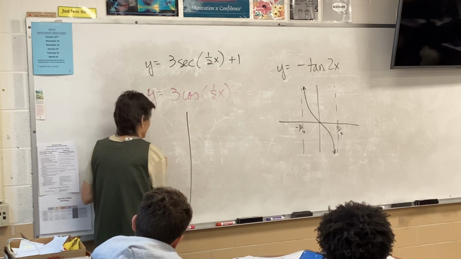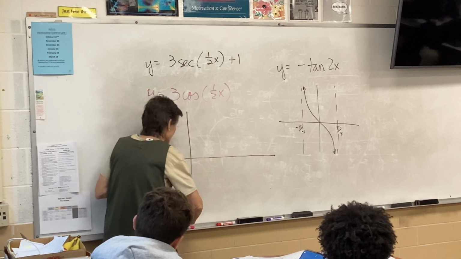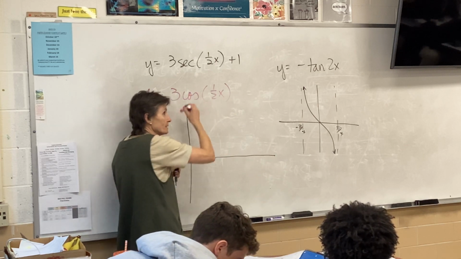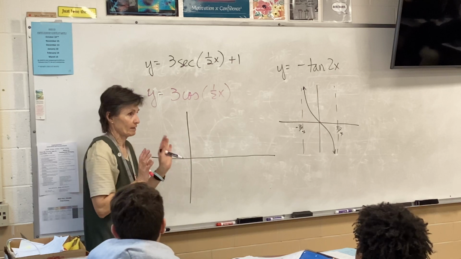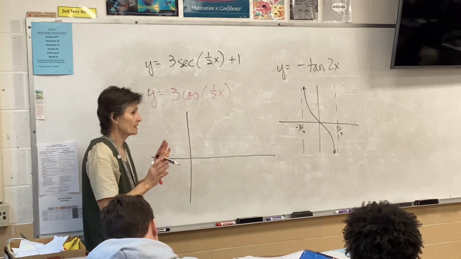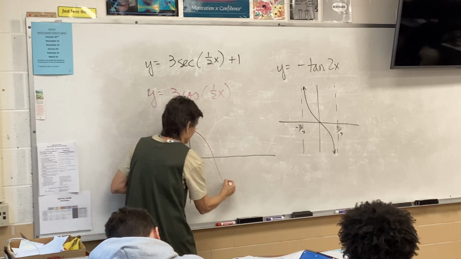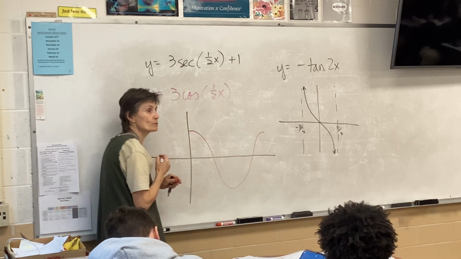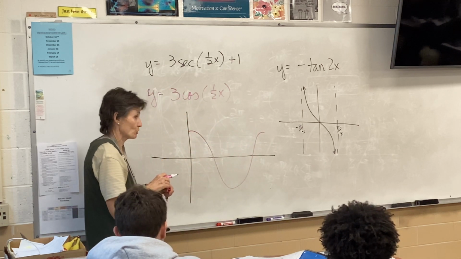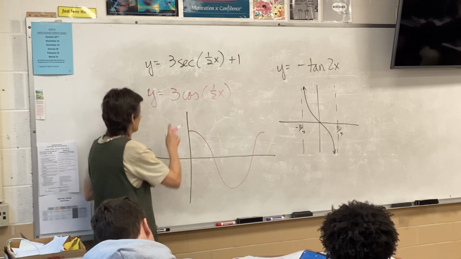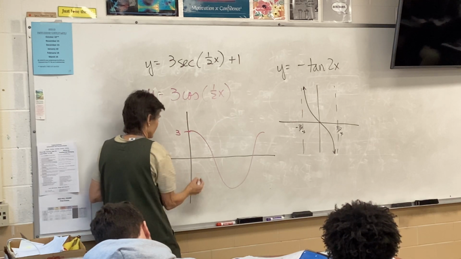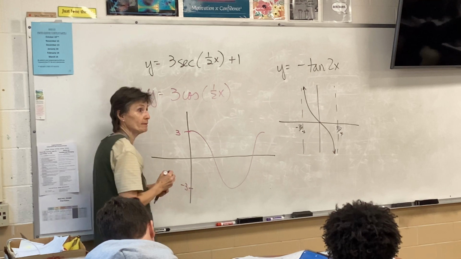Here we go. Looking at just the pink one, is there any phase shifting? No shifting at all. So it's a normal cosine that looks like this. That's what cosines look like that aren't shifted. Because of the 3, this is 3 and negative 3, right?